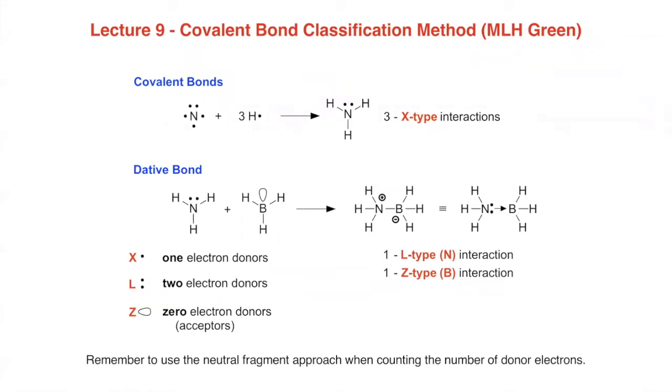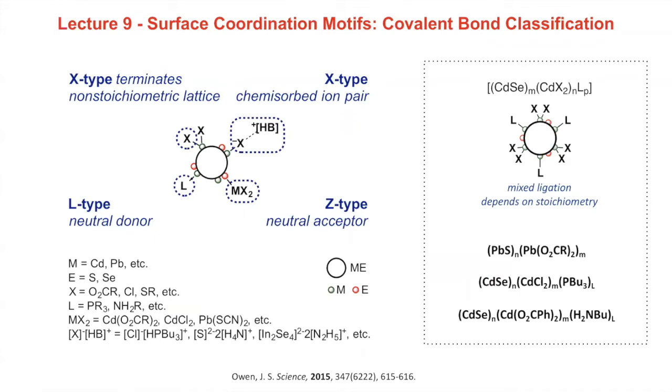So XLZ names the number of electrons in the neutral fragment that are contributed to forming a bond. It's really useful for counting the number of valence electrons in a transition metal complex, and also for talking about nanocrystals.